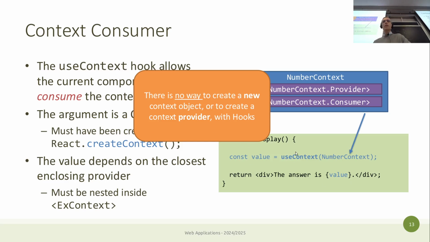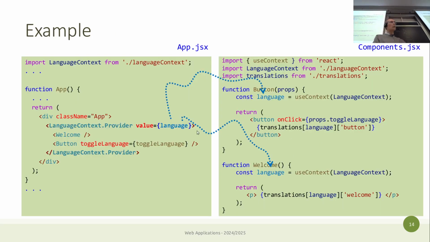So let's see the example. You pass language here in the provider, and then there are components like Button and Welcome, where you simply use the value. useContext with the language context will return what you pass here in value, so the language. It's just available without accessing the props.